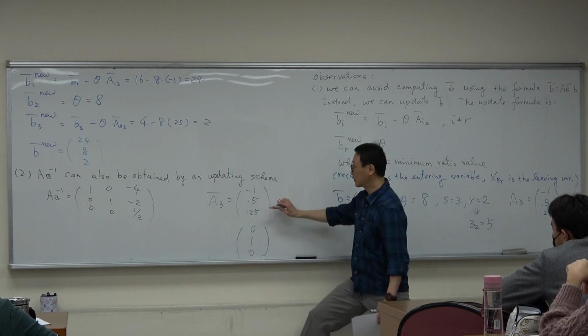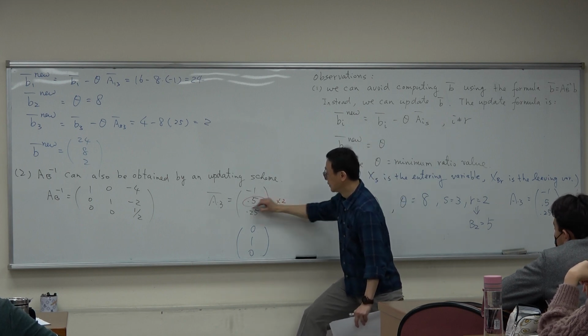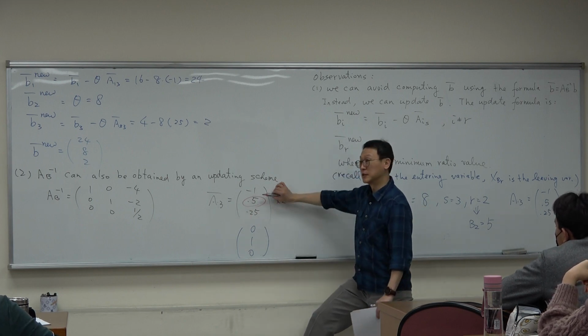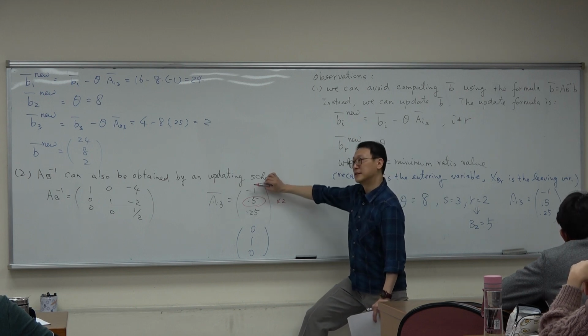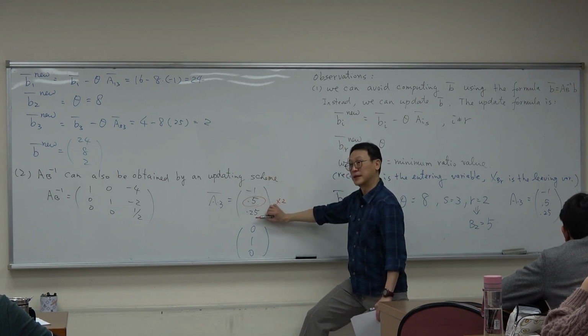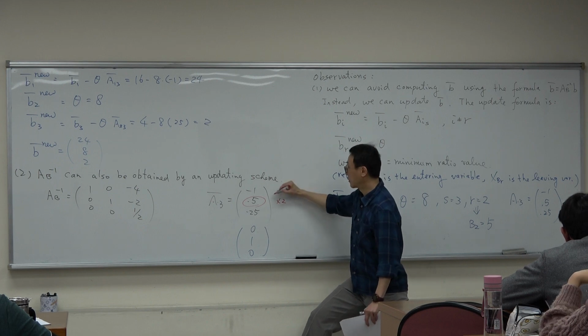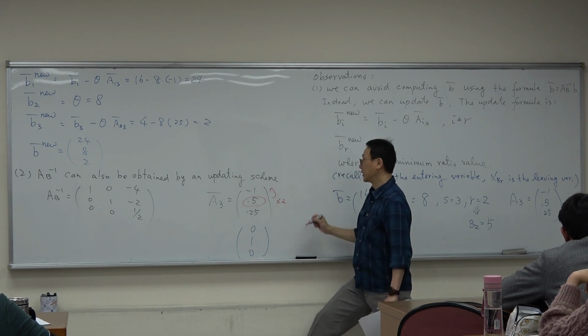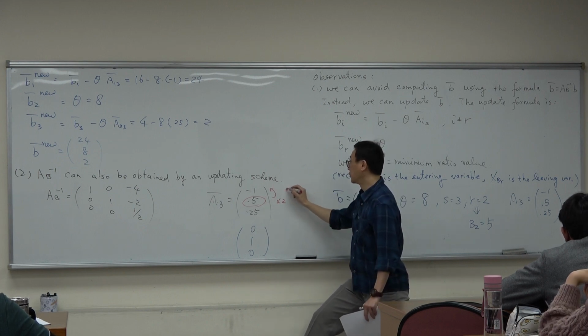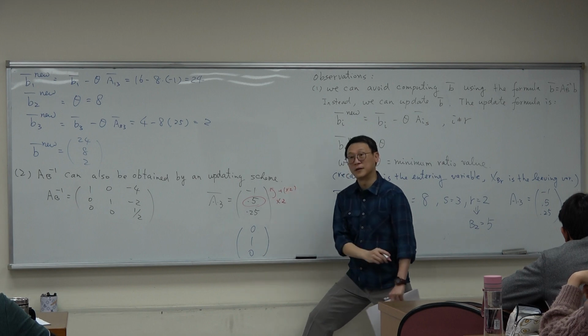Gaussian elimination, because right now this one is the pivot row. We want to eliminate the -1 and eliminate the -0.5. So how can I do it? Multiply by 2 and add to the first row, right?